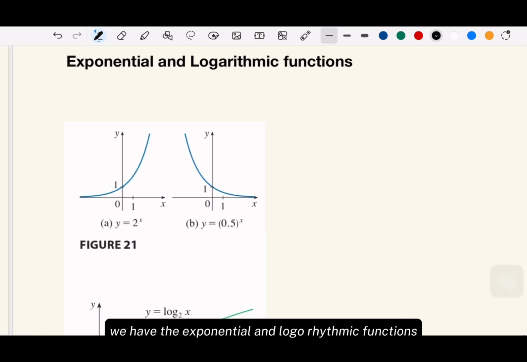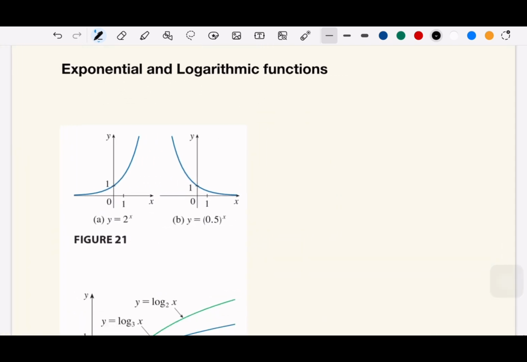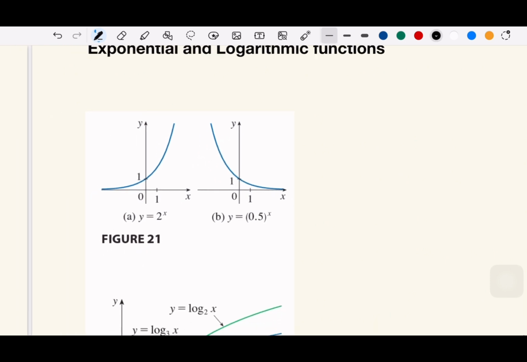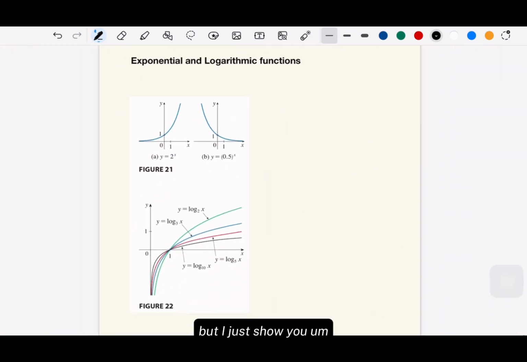We have the exponential and logarithmic functions. So for exponent, for example, we take this exponent, we call the one here the base, or in logarithmic, this is the base. In exponent, this is the base, because they are related to each other. But I just show you some overview.